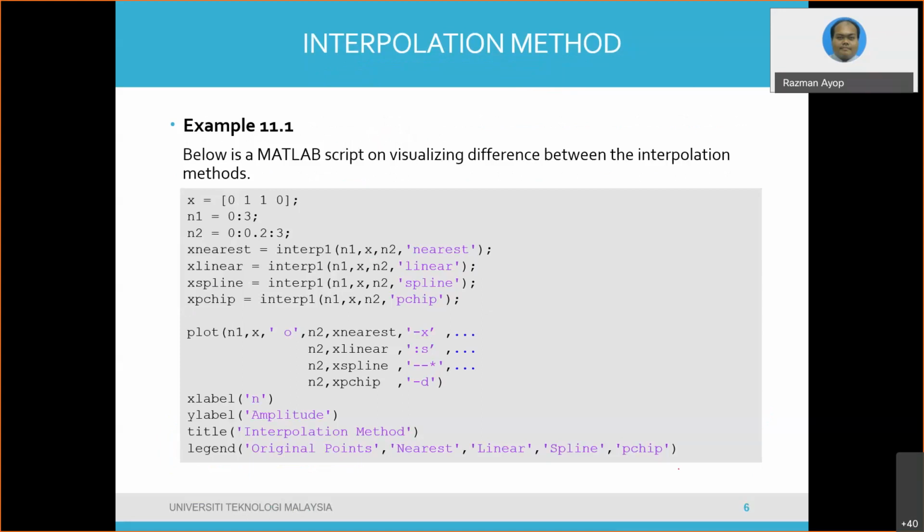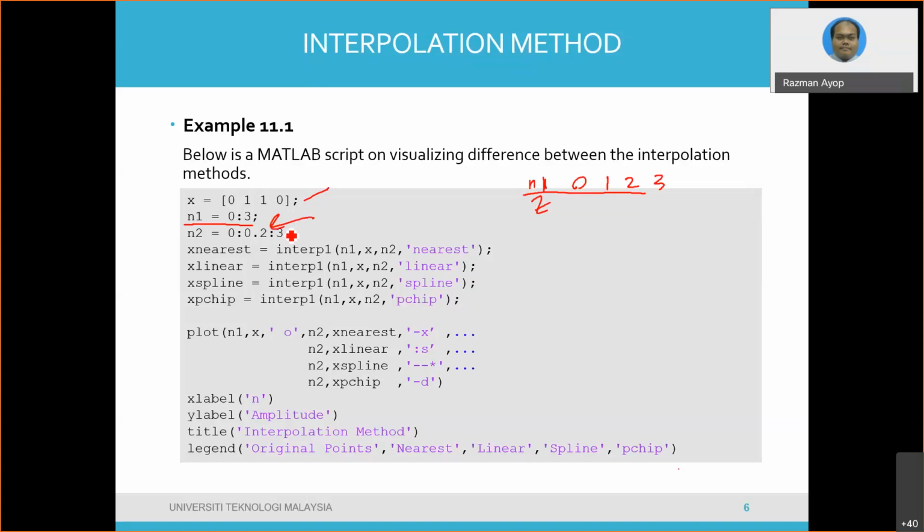So you can see here you have a data here, x. So you have the output. Basically this is the output: 0, 1, 1, 0. So you have n1, which is basically the point. So you have n1 and x. n1 is from 0, 1, 2, 3.